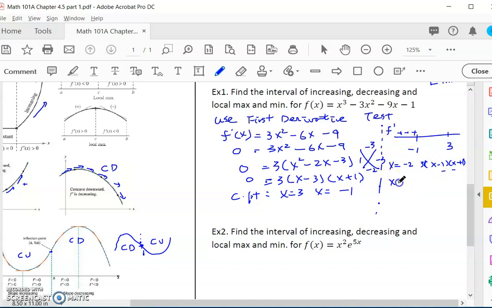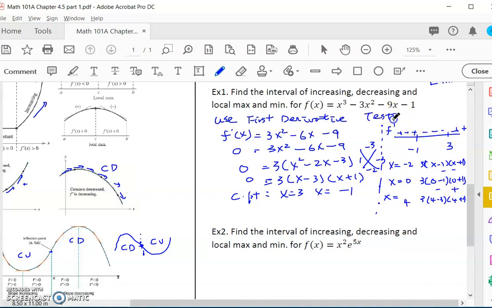And then I plug in x equal to 0: 3 times (0 minus 3)(0 plus 1). This is negative, right? Negative times positive is negative. And then I test greater than 3, which is 4: 3 times (4 minus 3)(4 plus 1). They're all positive. So now this is the f prime sign.